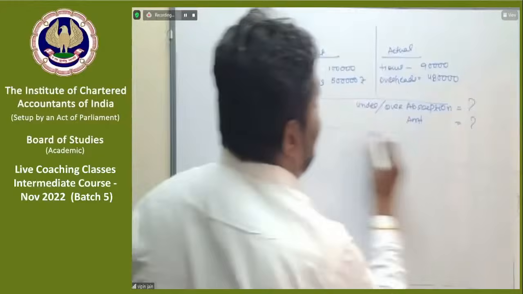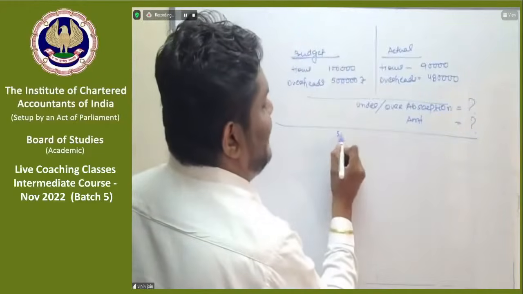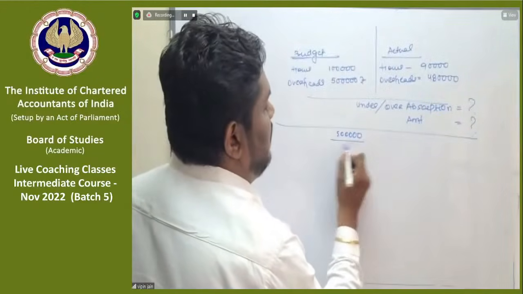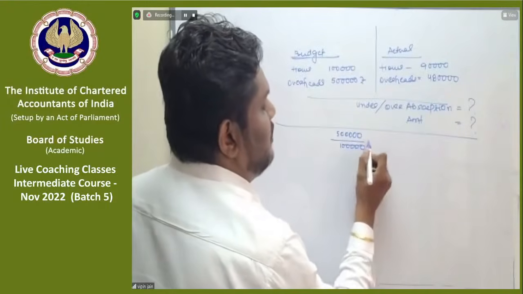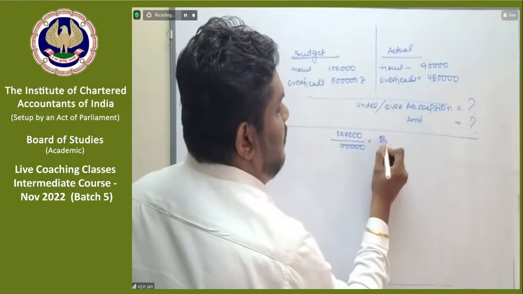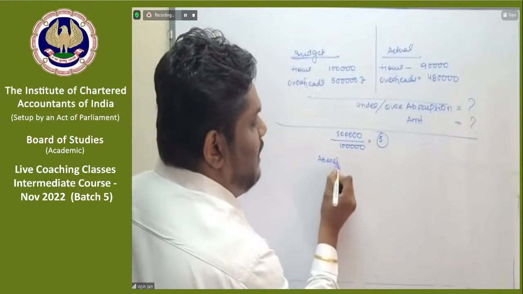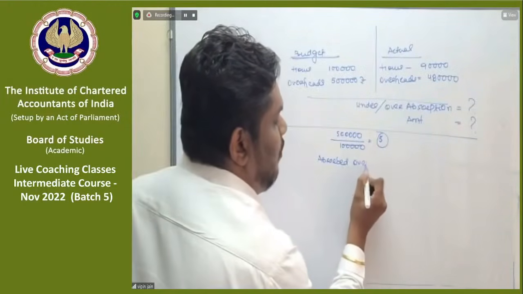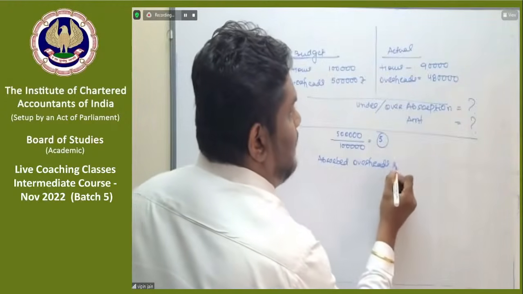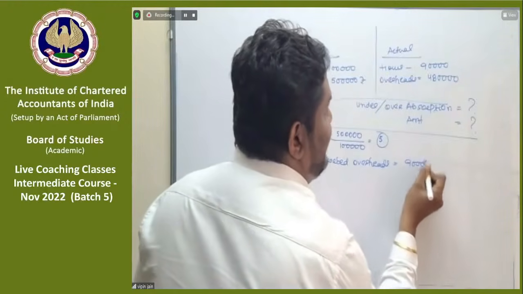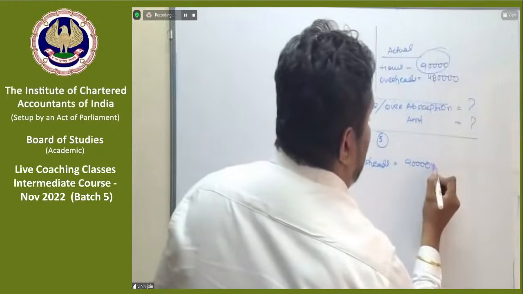Now, guys, very simple. The overheads are 5 lakh. The total hours are 1 lakh. So my absorption rate is rupees 5. I will first calculate the absorbed overheads. Absorbed overhead will be 90,000, the actual hours worked, into 5.